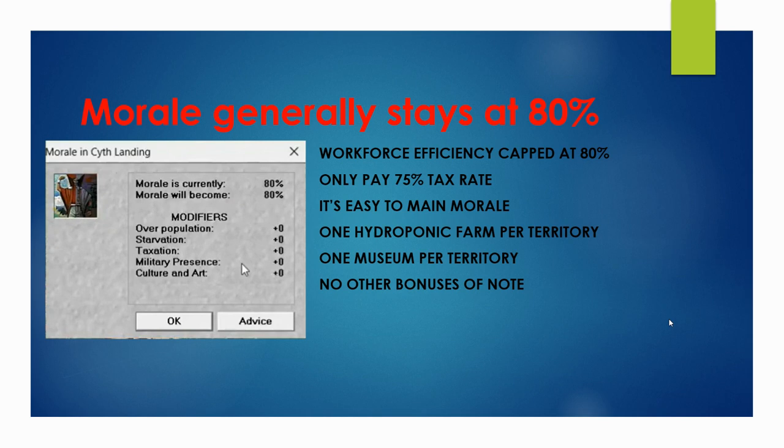And although in some territories the farming won't be good, swamps and mountains are really bad for food, you can still have one hydroponic farm in there and ship in the little extra that you need.